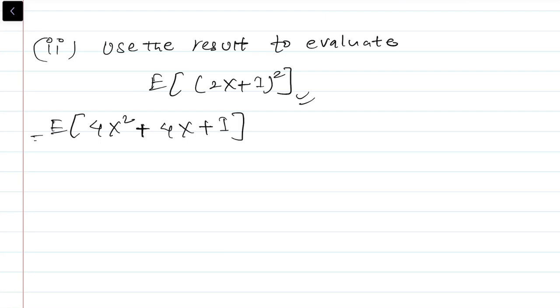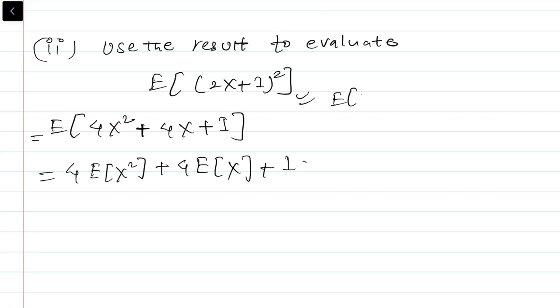And then we can bring the constants outside of the expectation. So this is 4 times the expectation of x squared plus 4 times the expectation of x, and then the expectation of 1 is simply 1.